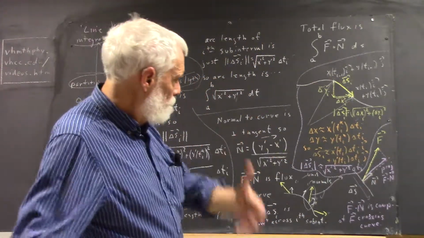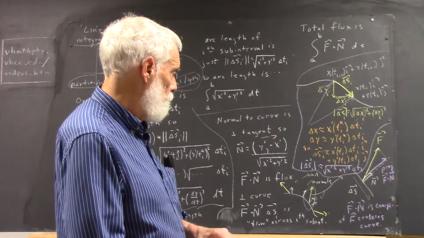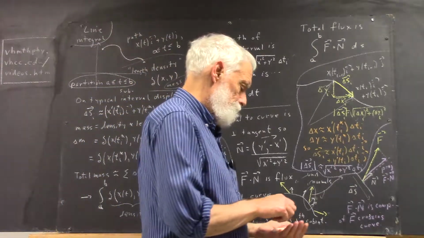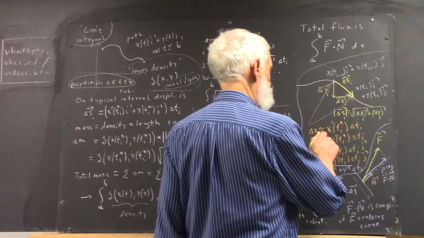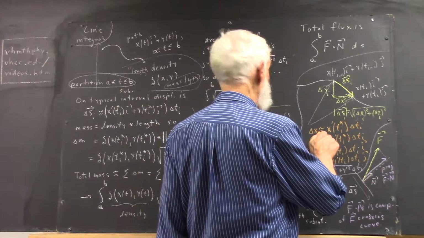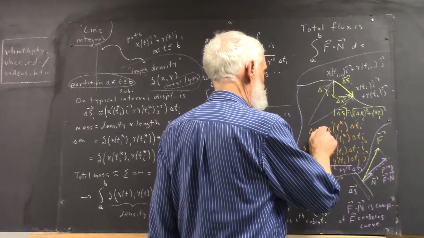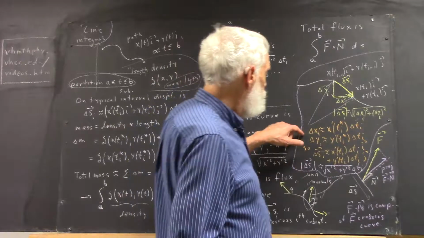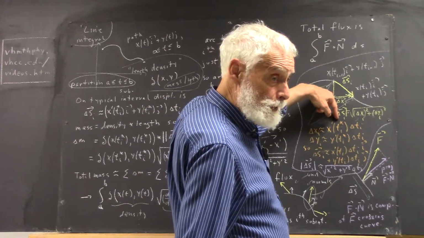Now, we want to make a real important connection here, and this is kind of a critical thing to understand. Your delta x sub i, and I'm being careless with my subscripts, is going to be approximately equal to x prime at my sample point t sub i star.